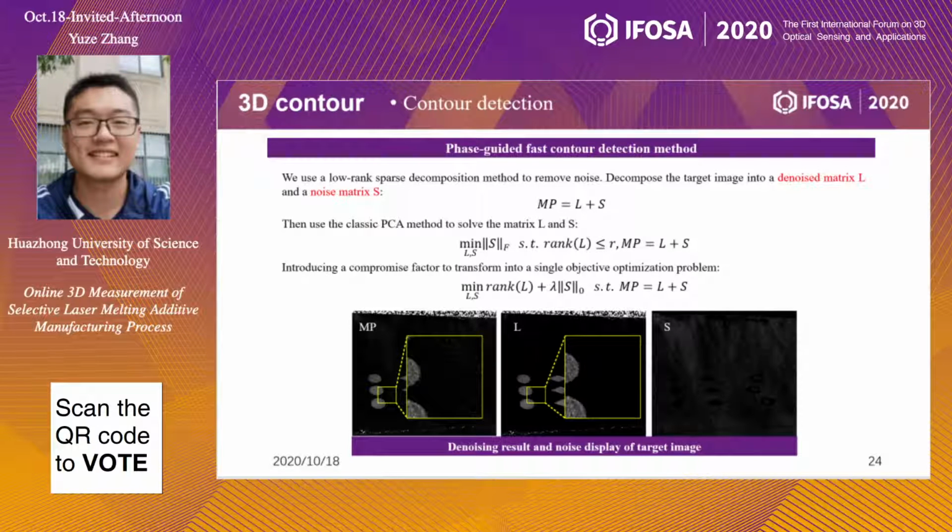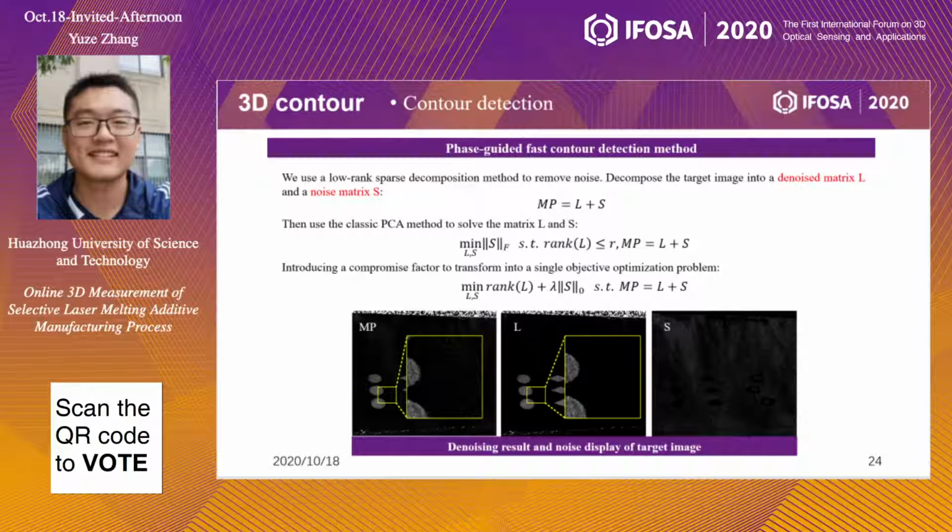After getting the target image, we can find that there is still a lot of noise. In order to avoid blurring the edges, we use a low-rank sparse decomposition method to remove noise. First, decompose the target image into a denoise matrix L and a noise matrix S. Then use the classic PCA method to solve L and S, and introduce a compromise factor to transform this issue into a single objective optimization problem.